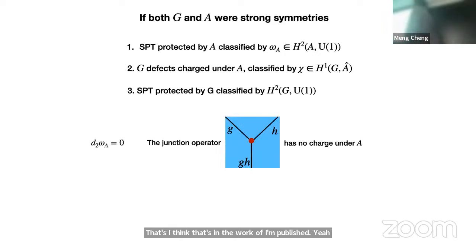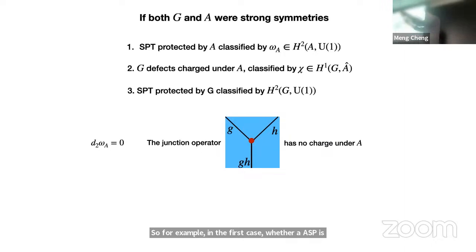All right, so let me get back to the question of whether these things are well defined. We can say these things, but are they actually physically realized? Okay. And this is captured by a few conditions on these data, but we can imagine these are just some data and want to check whether they are physically consistent or not. So for example, in the first case, whether ASPT is actually consistent with the G symmetry, the way to check is to consider a junction operator.